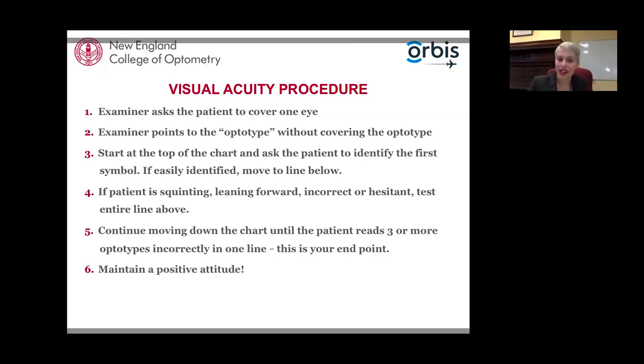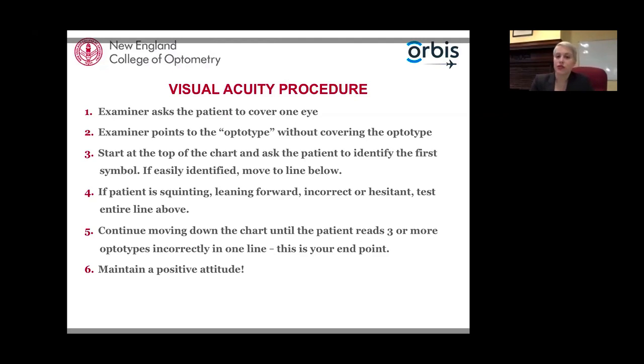We go down one and they're a little bit hesitant and they're not quite sure what that letter is. Then we're going to go up and test the whole line that they got right just previously, that line with the D in it. So we're going to continue moving down the chart until the patient reads about 3 or more incorrectly, and that's your endpoint there, that's your visual acuity.